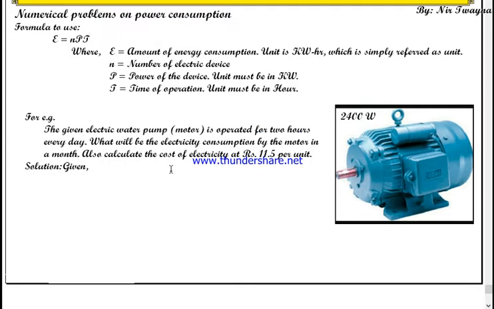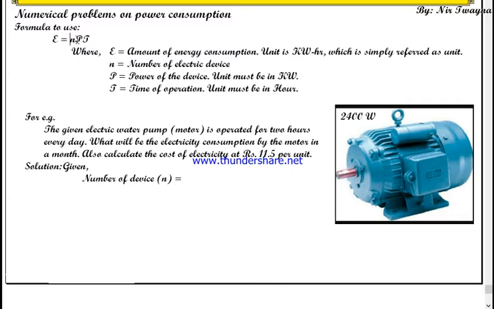In our first example, I'm going to take only one device here. What information is given to you? Number of device N. So what I do is I check the formula and take information from the first term.